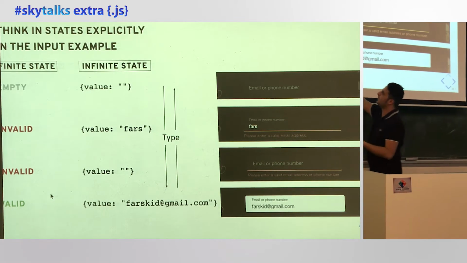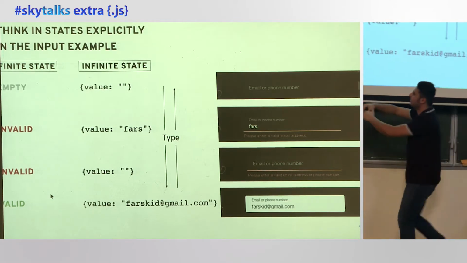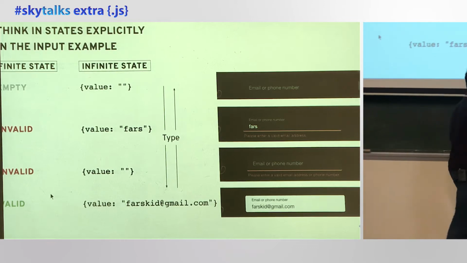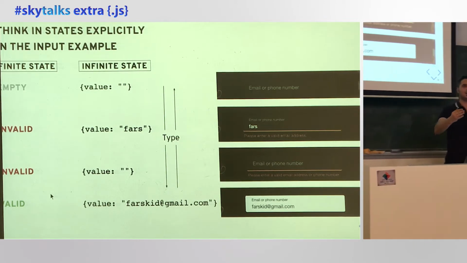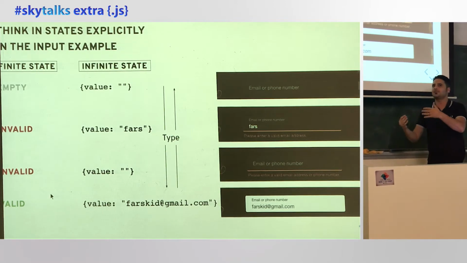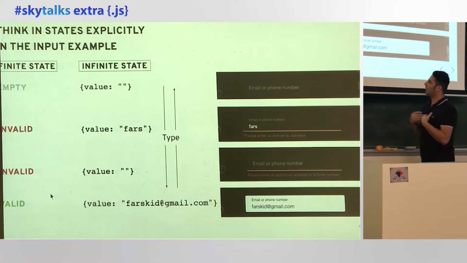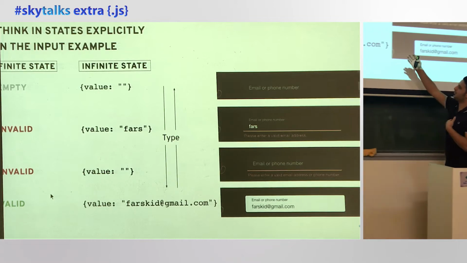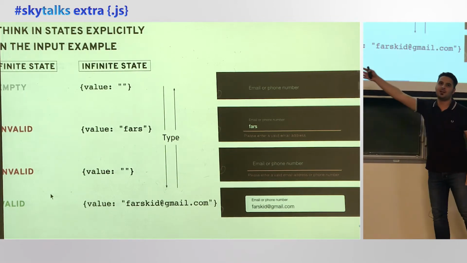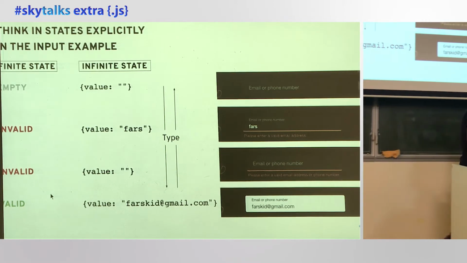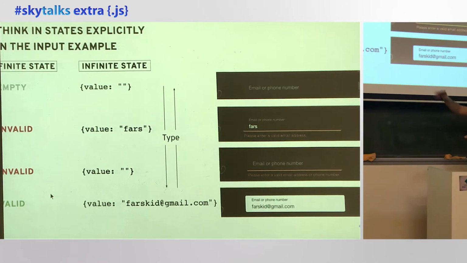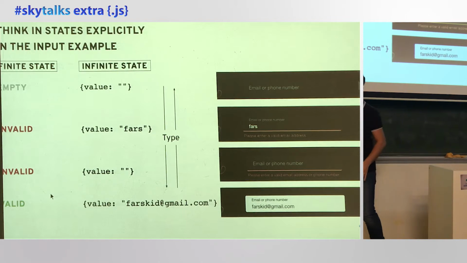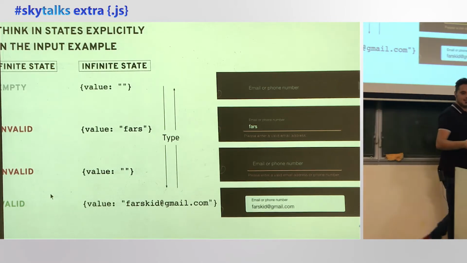So we need to add an event to be able to transition between these states. So we say, if I type in the input, it will transition from empty to invalid if there is an invalid email. Or if I write a valid email, input goes from invalid to valid, and the only event that the input here accepts is type. You only type, and these are three finite states. The input is not going to be out of these.